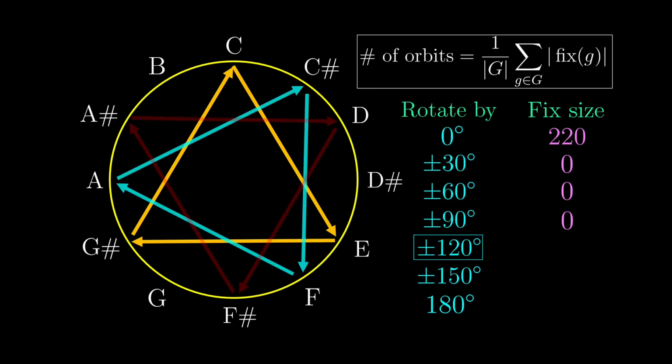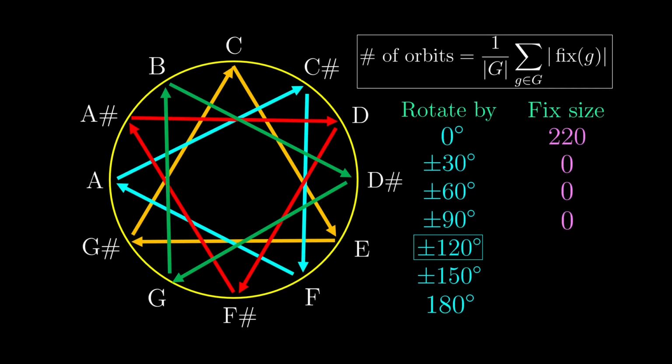There are altogether 4 trichords fixed by the 120-degree rotation, so the fixed size is 4. However, since both clockwise and anti-clockwise 120-degree rotations would have the same fixed size, we multiply this by 2.